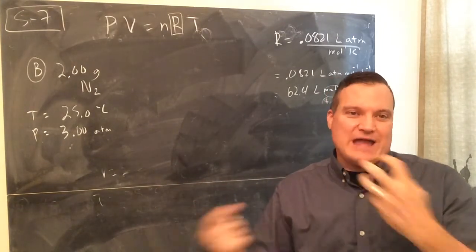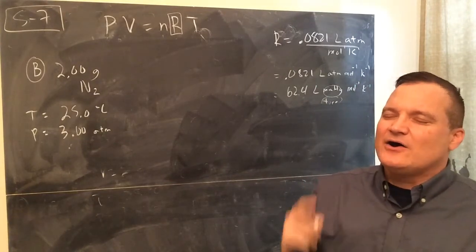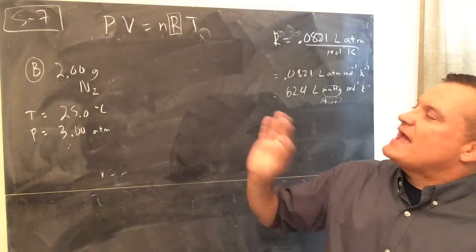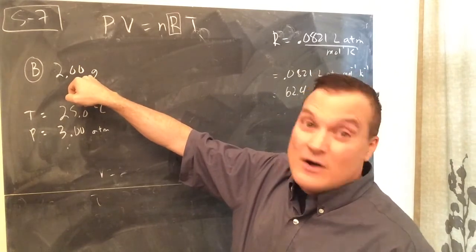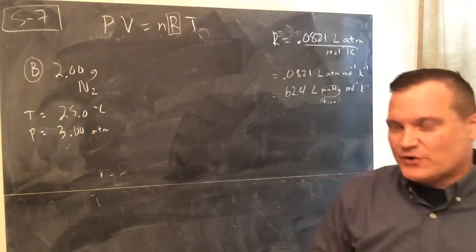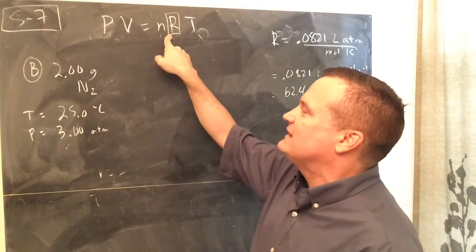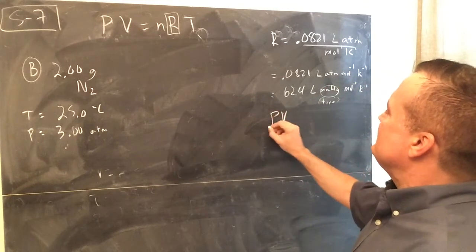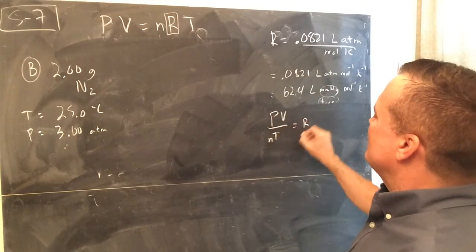Well, that's a before and after problem, and so usually that's going to be the combined law, PV over T equals PV over T. Well, if you're in a gas law problem with pressure, volume, temp, and they give you grams or moles, or ask you for grams or moles, then you know you've got to use PV equals nRT, because this is going to link it to moles. You could also look at it as PV over nT equals R if you wanted to.